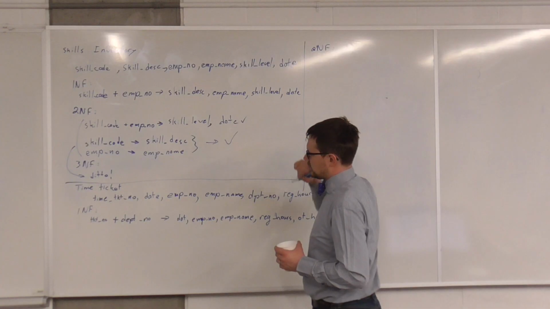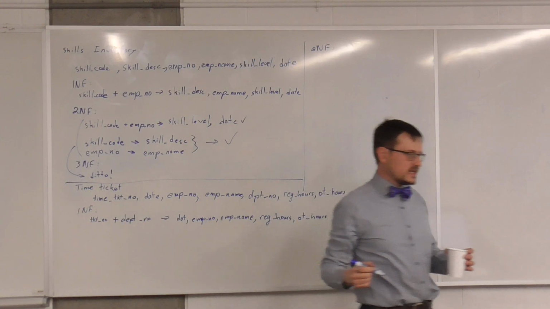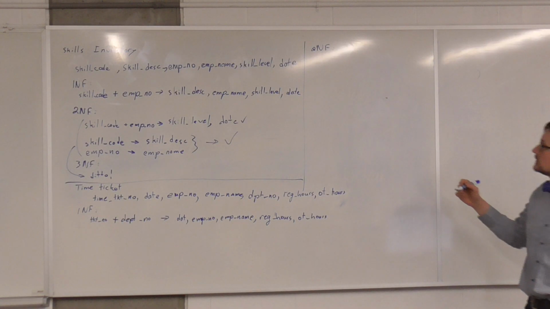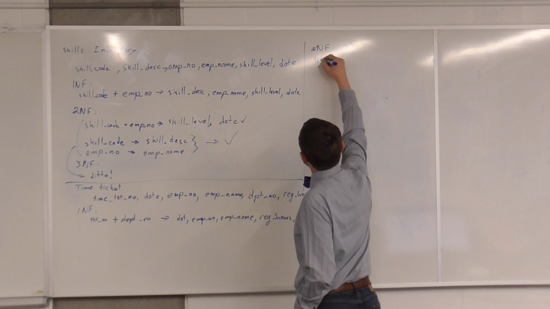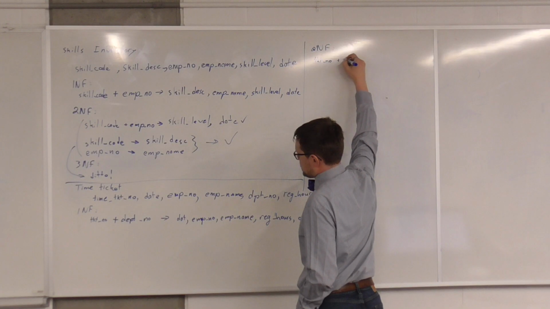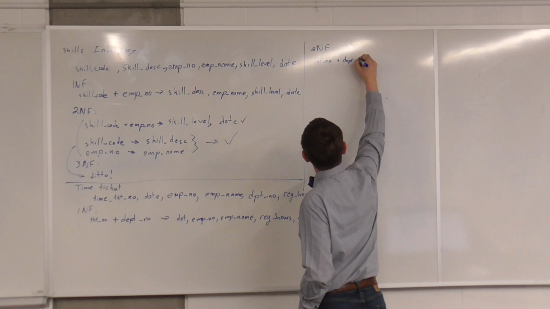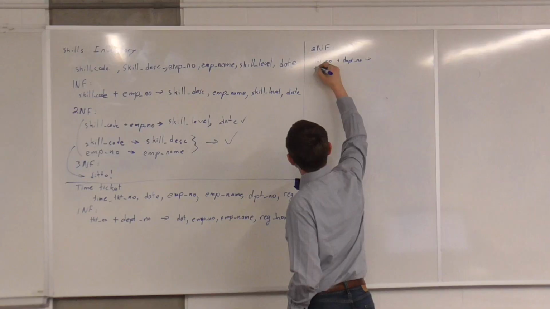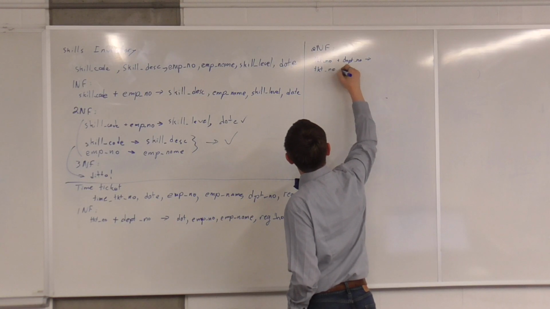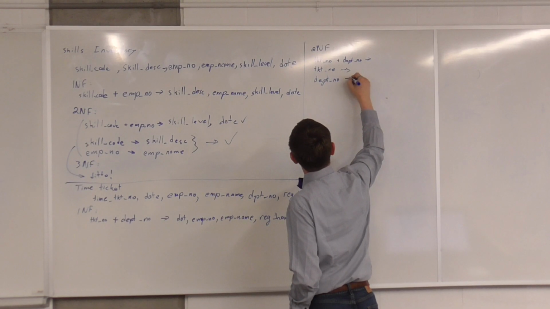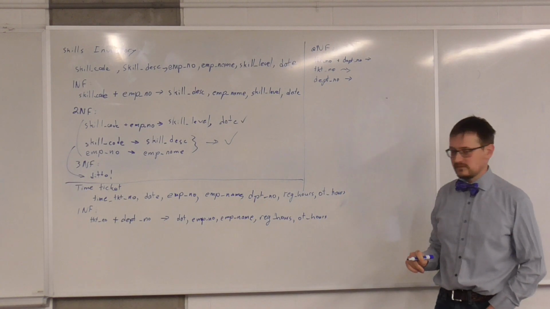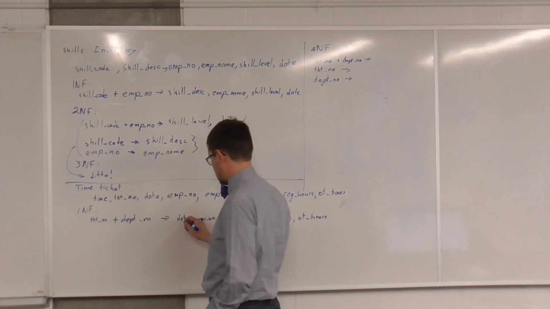All right, so we want to take our composite key, ticket number plus department number. We want to take ticket number by itself, and we want to take department number by itself, and we want to see if any of our values are dependent.